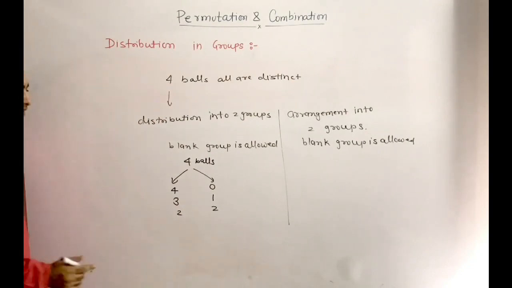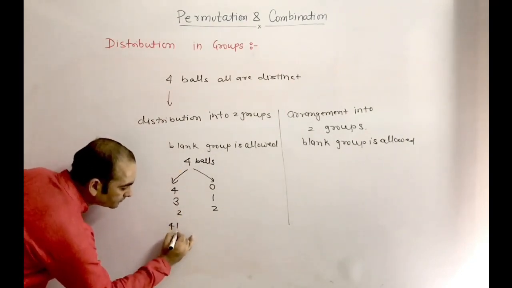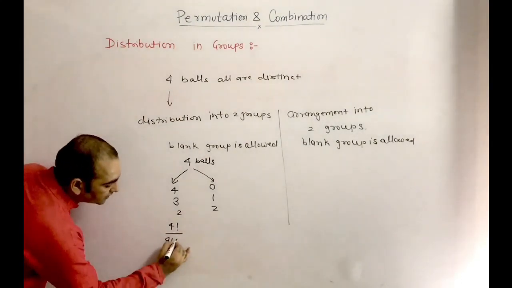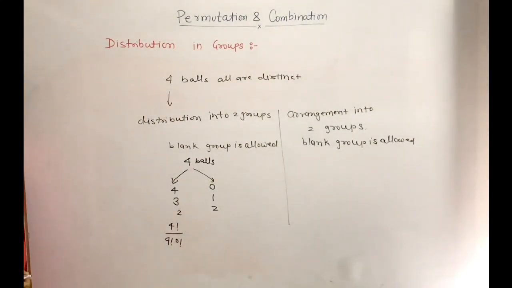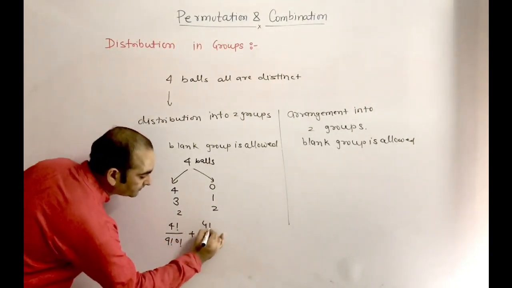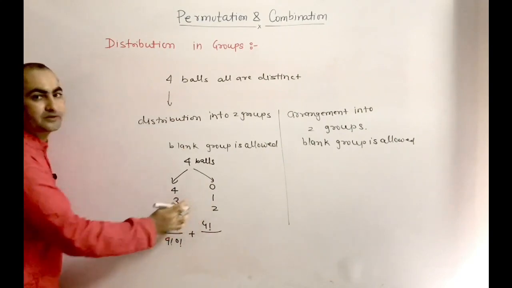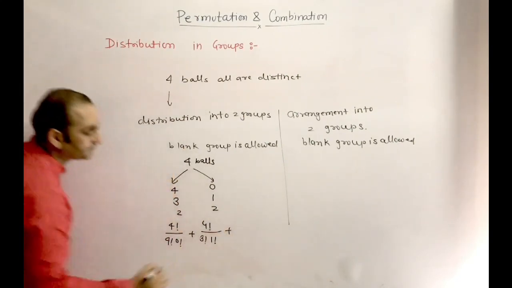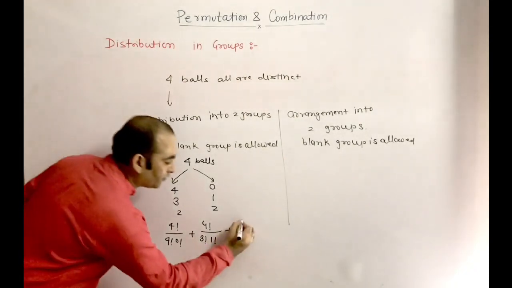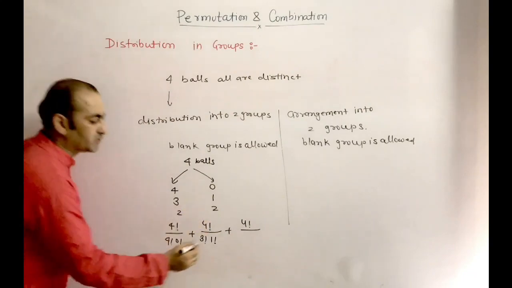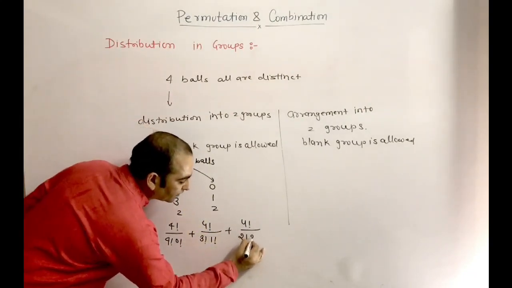So total number of ways is what? 4 factorial divided by 4 factorial 0 factorial, plus second way is 4 factorial divided by 3 factorial 1 factorial, plus next is 4 factorial divided by 2 factorial 2 factorial.